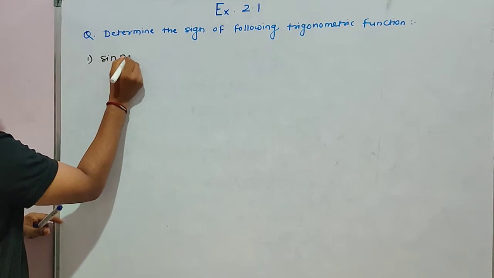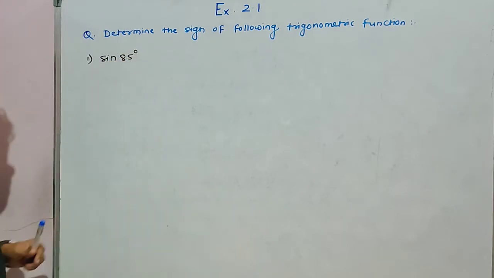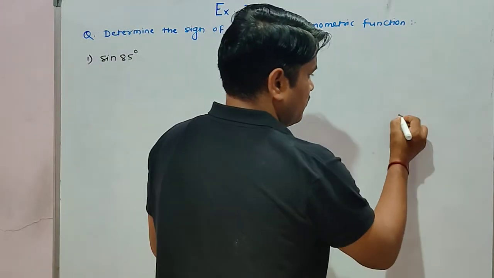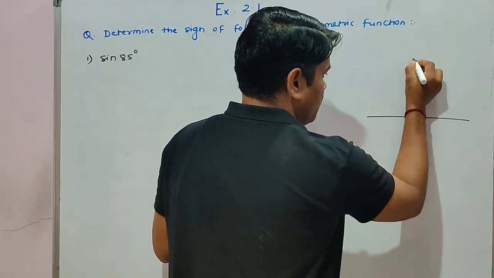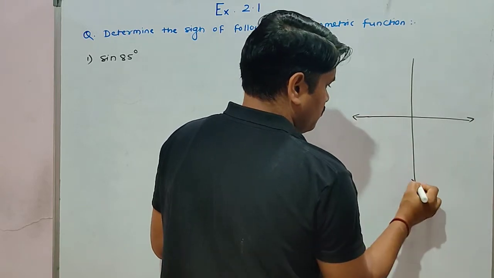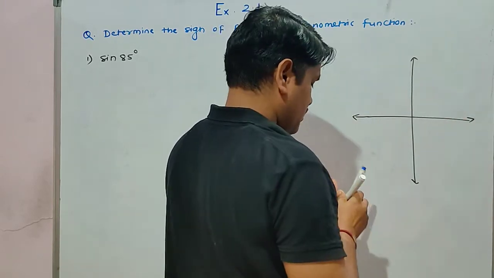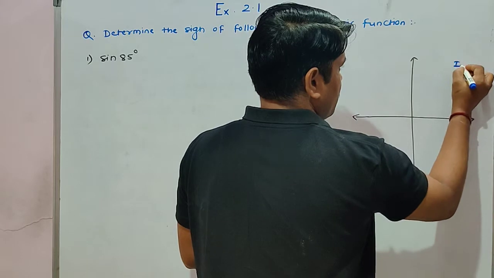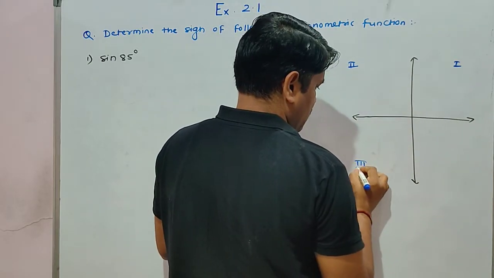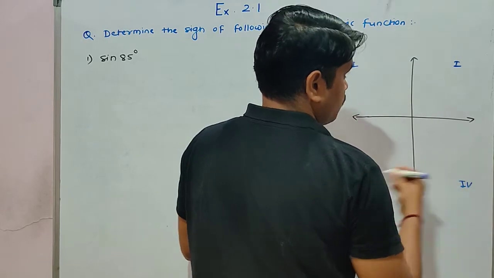Sin 85 degree. So 85 degree is our theta. We have this rectangular coordinate system with the first quadrant, second quadrant, third quadrant, and fourth quadrant.